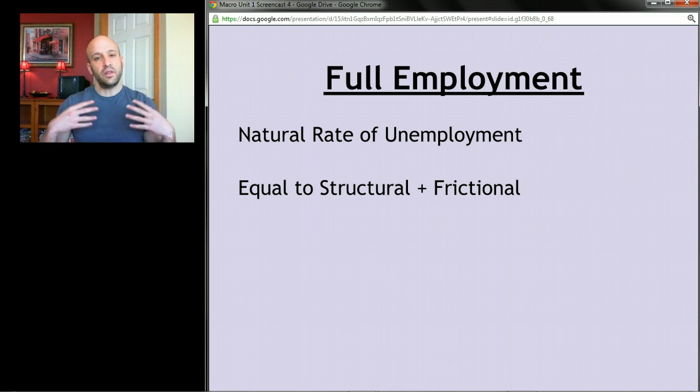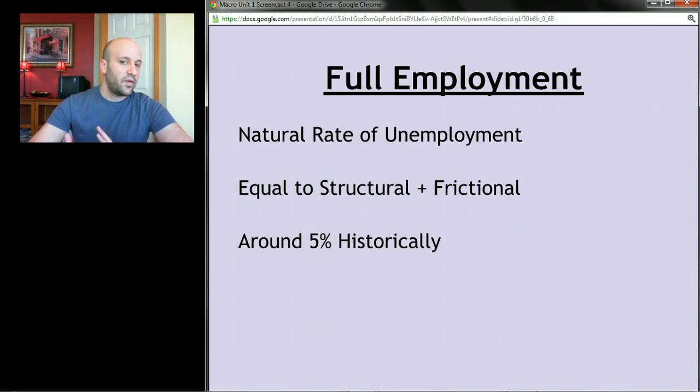In other words, it's naturally the case that skills are going to become obsolete, structural unemployment. It's naturally the case that people's lives change, they move, they graduate, they search for new jobs, frictional unemployment. So those are two kinds of unemployment we don't really care about and are always going to exist. We're never going to get rid of those.